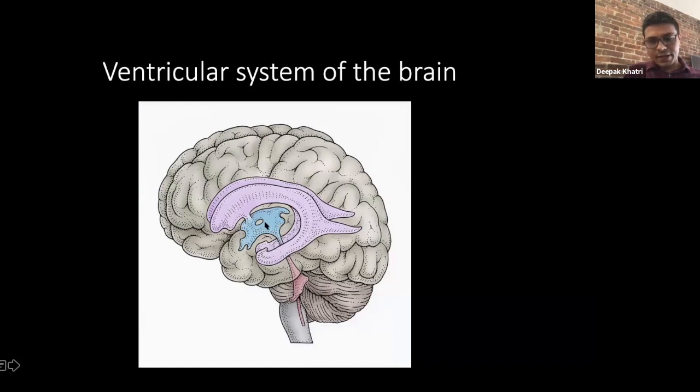It's single, and it's connected to the lateral ventricles by the foramen of Monro, which in turn is connected to the 4th ventricle, which is primarily an infratentorial structure. And it is connected to the 3rd ventricle via the small duct we call the aqueduct of Sylvius, and it continues down further as the central canal.